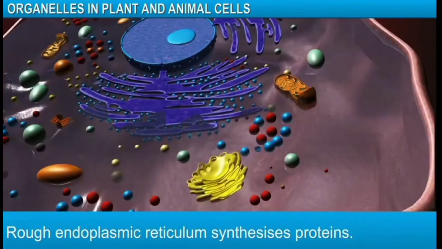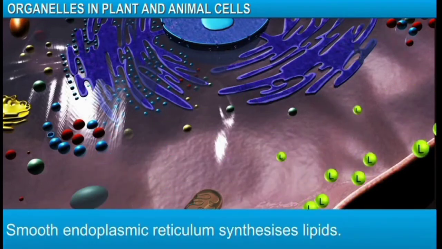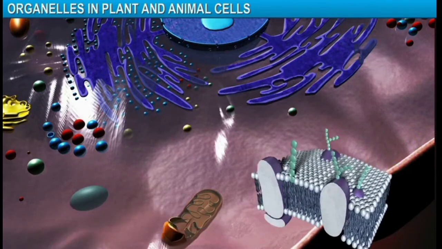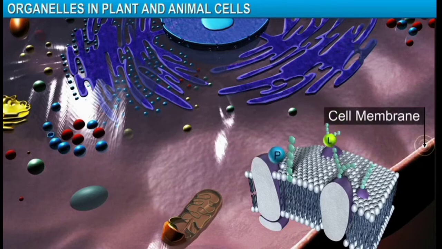Rough endoplasmic reticulum synthesizes proteins, while smooth endoplasmic reticulum synthesizes lipids and fats. Some of these proteins and lipids help in building the cell membrane.